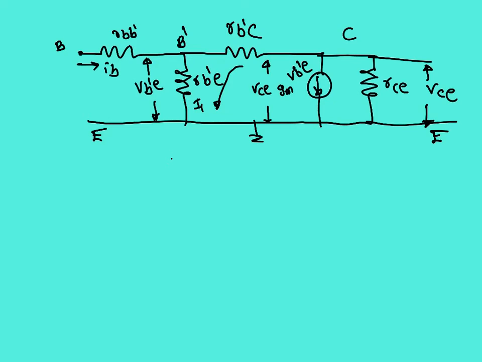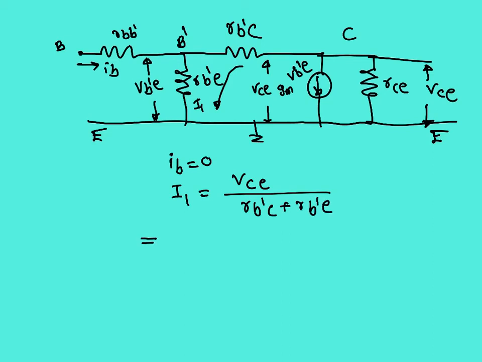So consider the hybrid pi model of a transistor. Here IB is equal to 0. Then consider a current I1 which flows from rb'c to rb'e, and VCE is the output voltage. Then I1 can be written as VCE by rb'c plus rb'e.